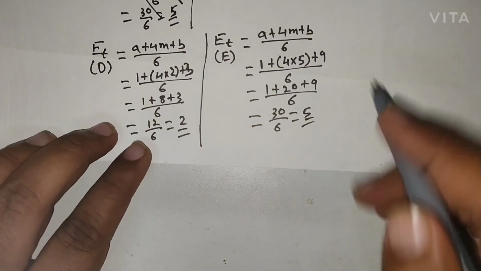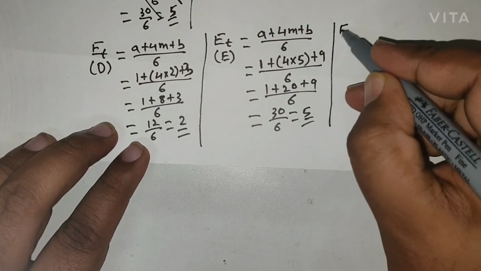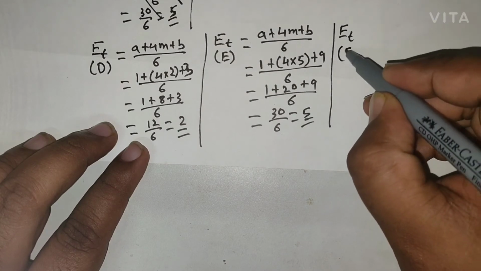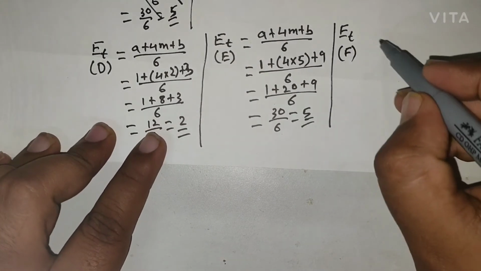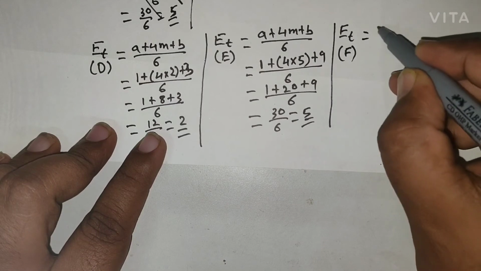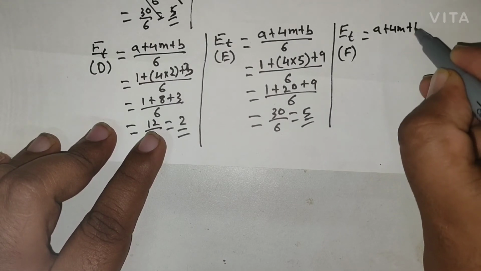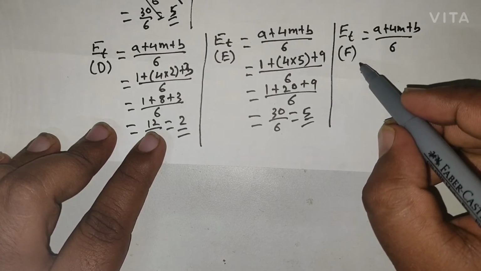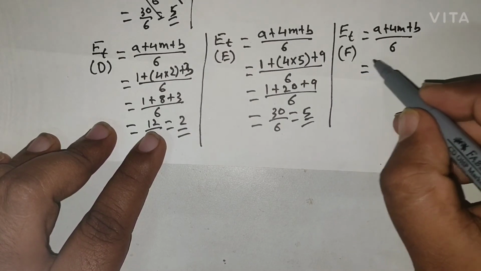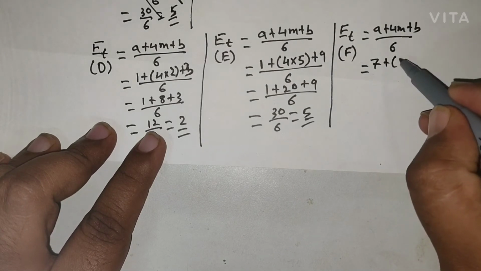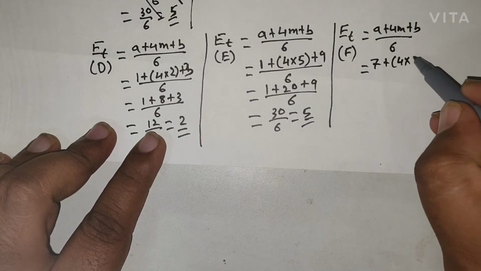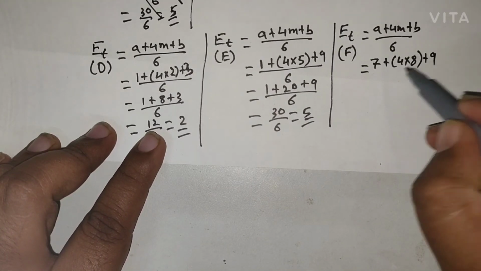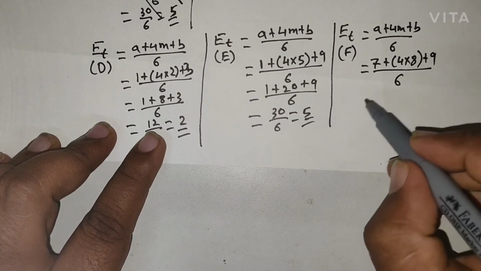Now similarly we will calculate the expected time for activity F. The formula is the same, a plus 4m plus b divided by 6. a, which is the optimistic time for activity F, is 7, plus 4 times the most probable time, which is 8, and the pessimistic time is 9, divided by 6.